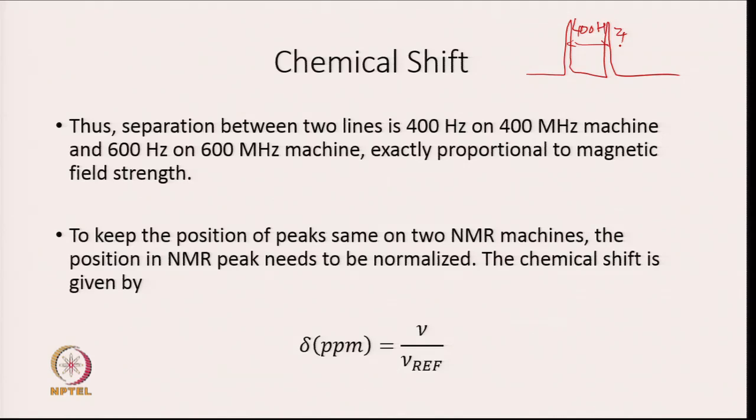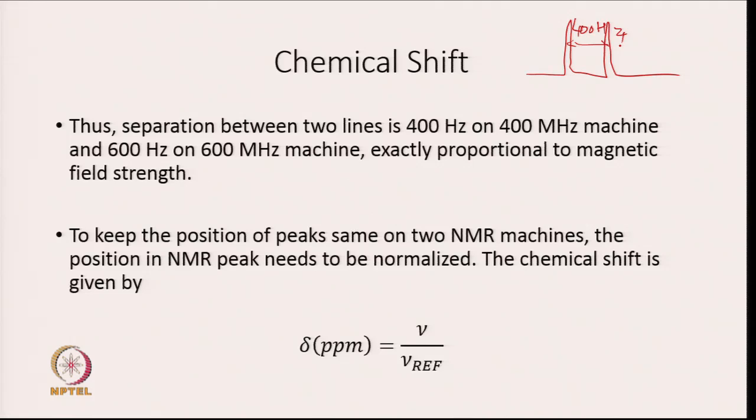So, to keep the position of peaks the same on two NMR machines, what we need to do? We need to normalize the position of NMR peaks.